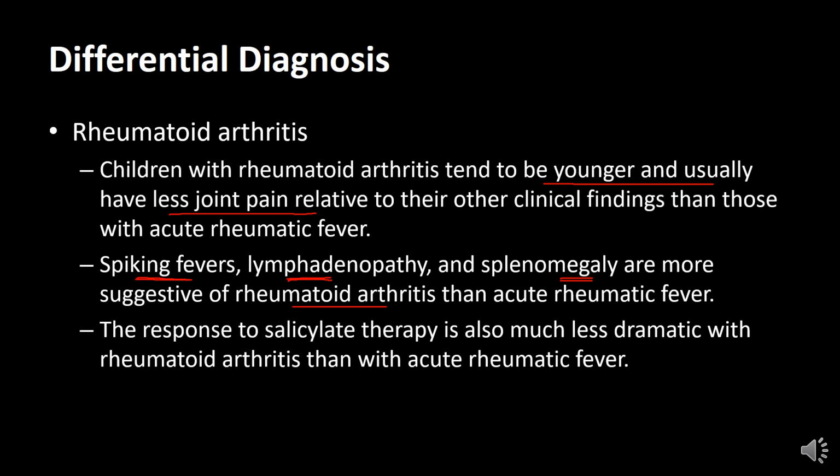And like we said, children with acute rheumatic fever presenting with arthritis will respond dramatically to salicylates. And so if you're not so sure and you give your salicylates, if they have rheumatoid arthritis, the response will not be as dramatic as what you see in acute rheumatic fever. And that's how you differentiate it.